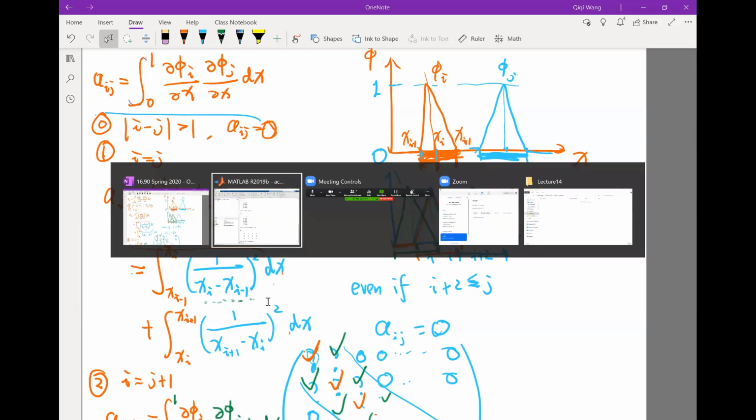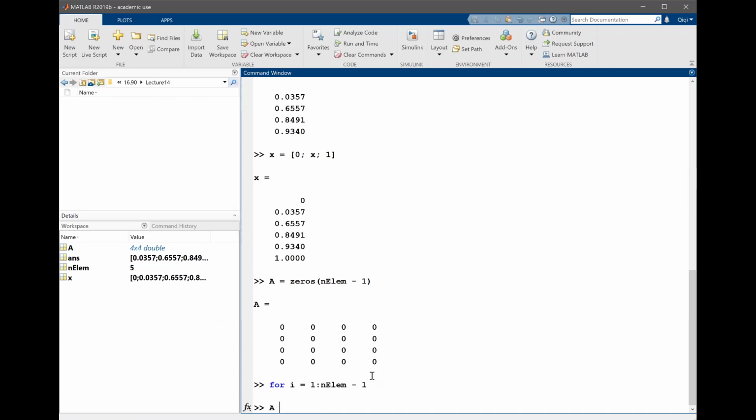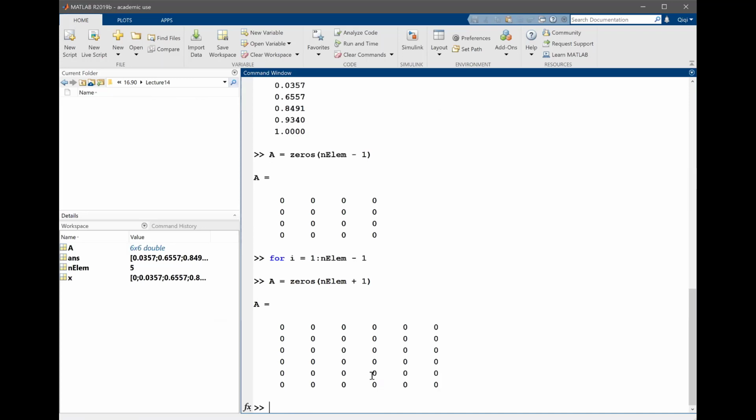So essentially in the code, what you get is 1 over x of i plus 1 minus x of, well, let me do it a little bit differently. Let me build a big matrix, and then let's fill it out, and get rid of the first row, first column, last row, last column.